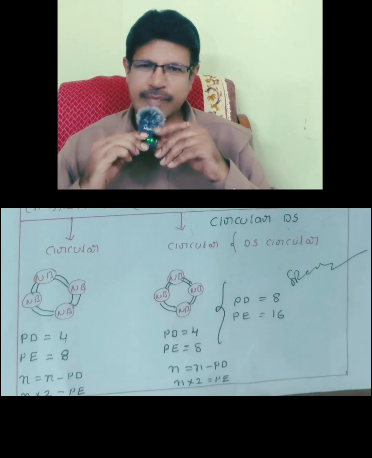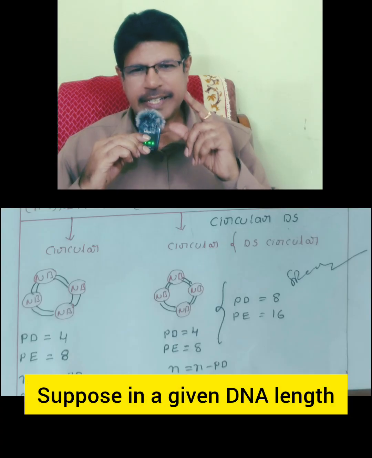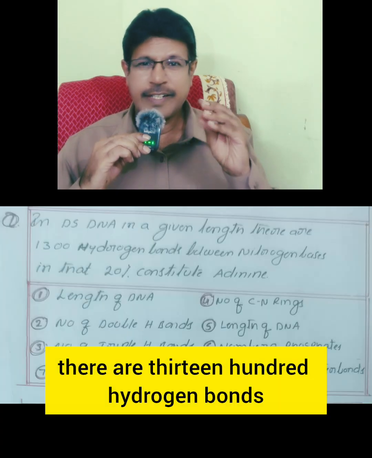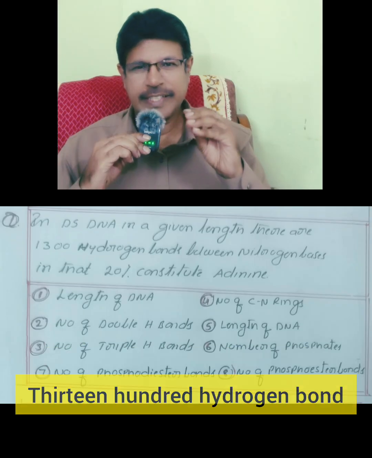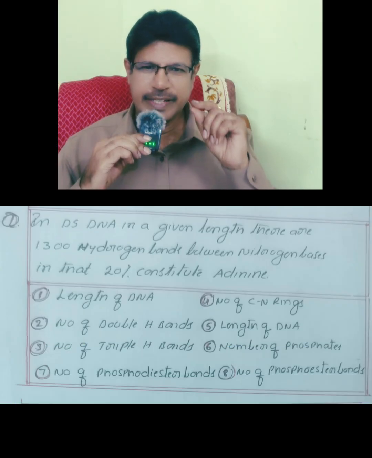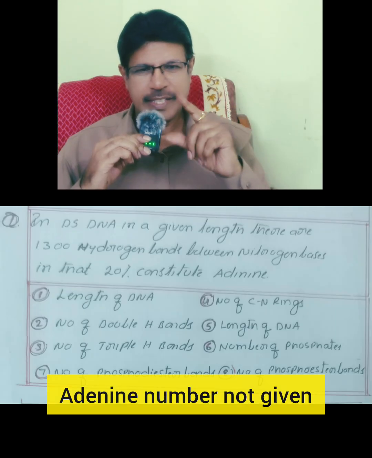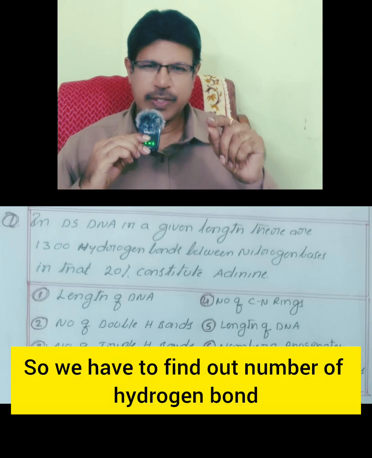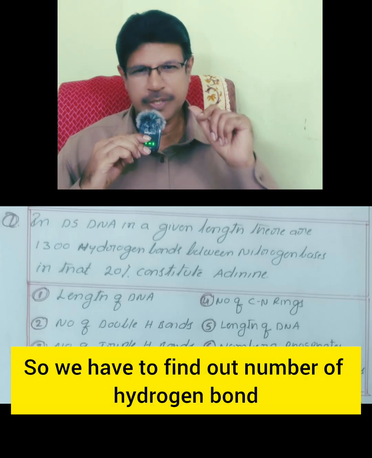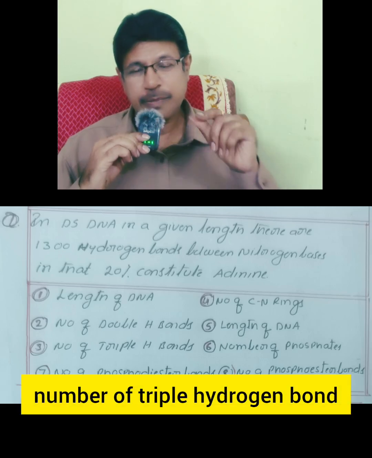Next, suppose in a given DNA length there are 1300 hydrogen bonds. Length is not given, 1300 hydrogen bonds. Of that, 20% constitute adenine. The adenine number is not given, 20% adenine. So you have to find the number of double hydrogen bonds and the number of triple hydrogen bonds.